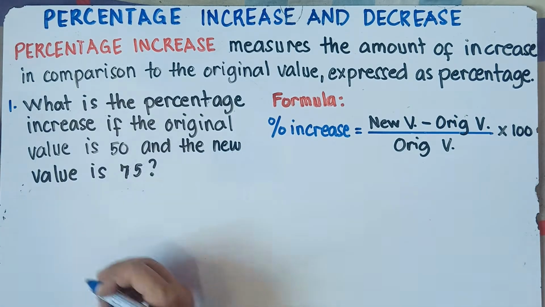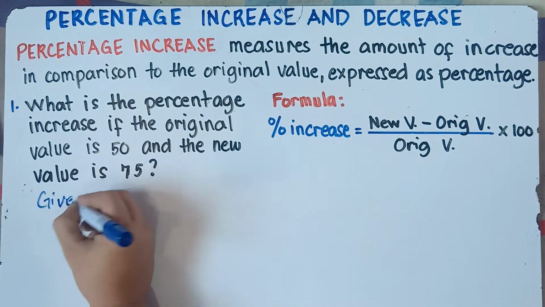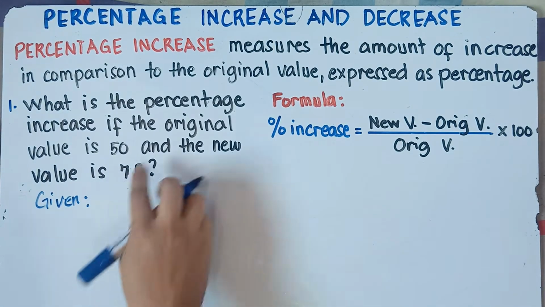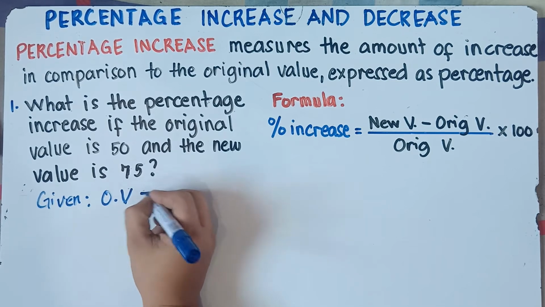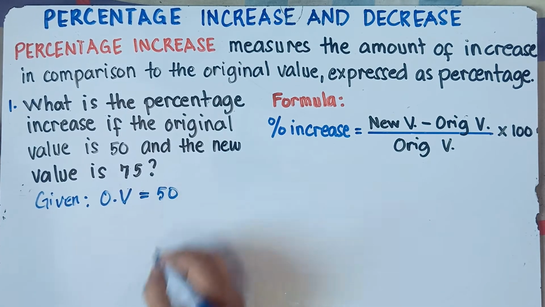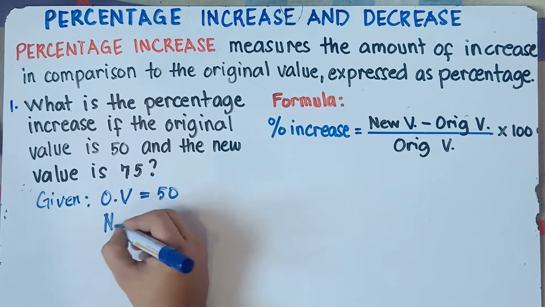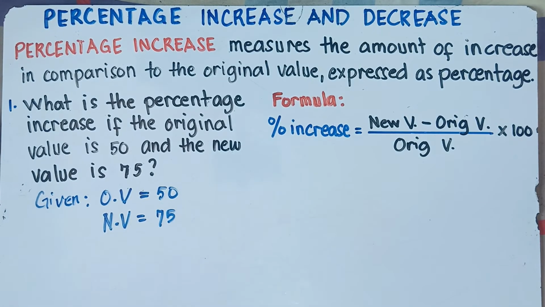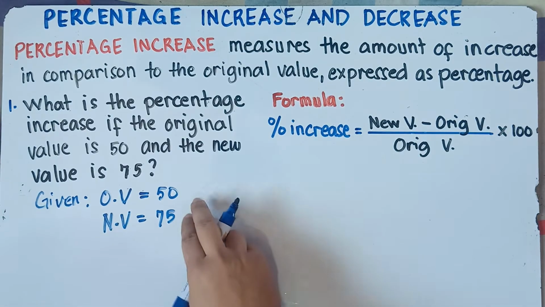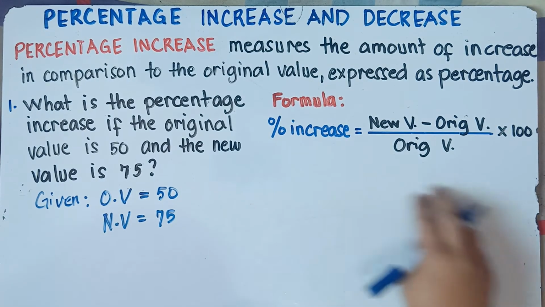So first thing, you need to write down the given. We have the original value, OV, that will be 50, and the new value that is 75. So from 50, it becomes 75. And then simply substitute these values in the formula.